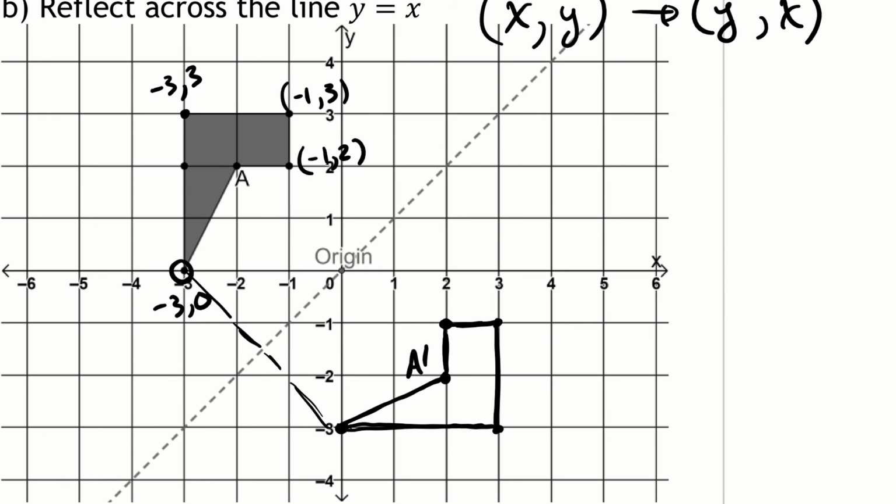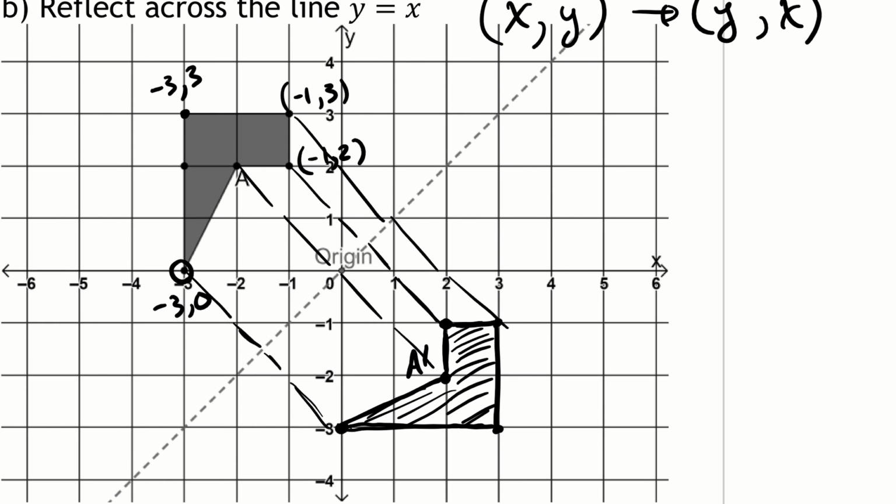So I can draw these lines like this: 1, 2 diagonals, 1, 2 diagonals, a half and a 1 diagonal. No, it's 1, 2, and then 1, 2 diagonals. So this is the reflection across the line y equals x, and I result in this.